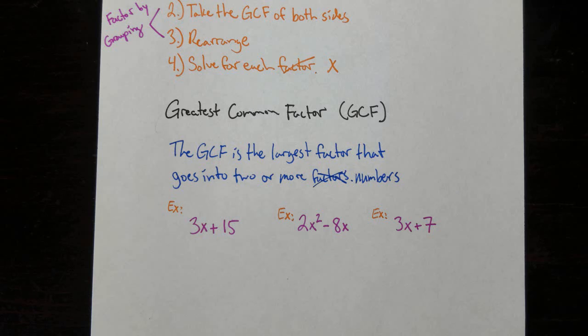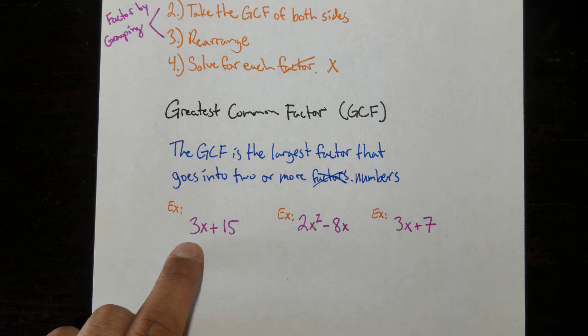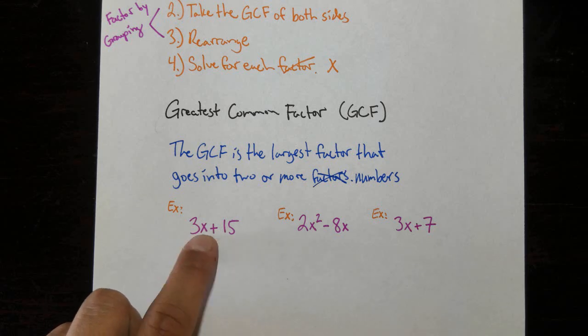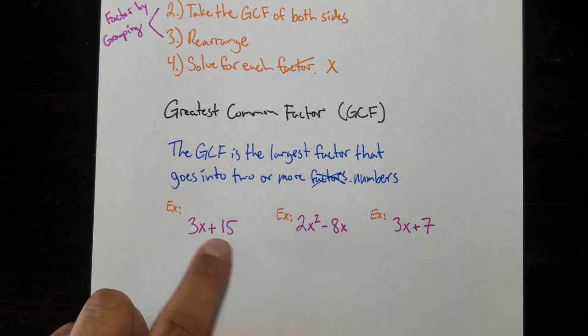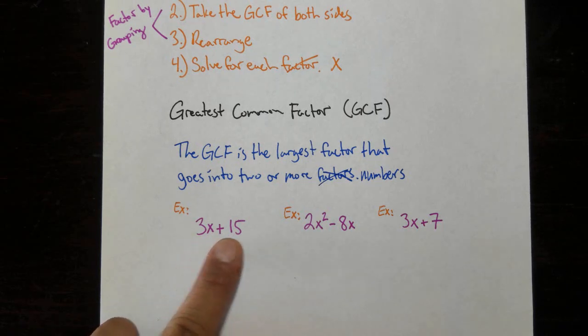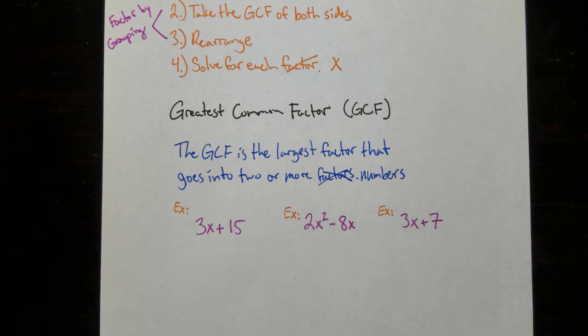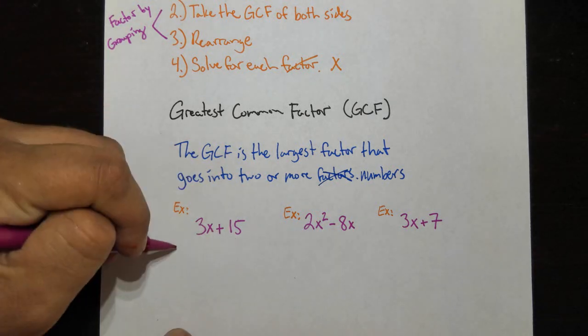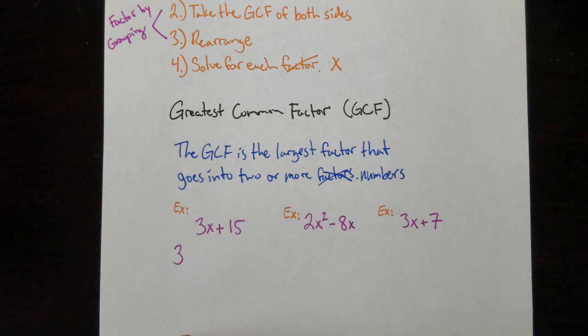So in this case, both signs are positive. Only one has a variable, so they don't have a variable in common, but they do have factors in common as far as numbers go. So let's see. The largest number that goes into both 3x and 15 multiplicatively is 3. Right? The greatest common factor is 3.